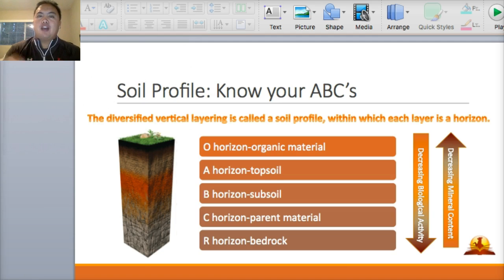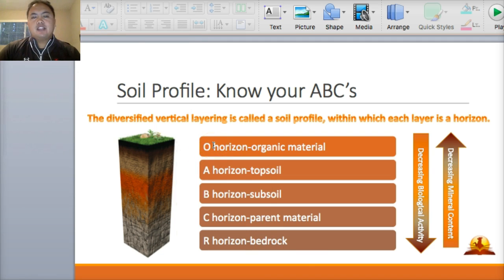Just like we had to define different types of the hierarchy for ecosystems, you also need to know the definition of the levels of soil. I know it's weird because it's not in alphabetical order, but let me tell you about what it is. We start at the top. This is what they go O to R. O meaning the top layer, like what you actually see, and R meaning the bottom layer.